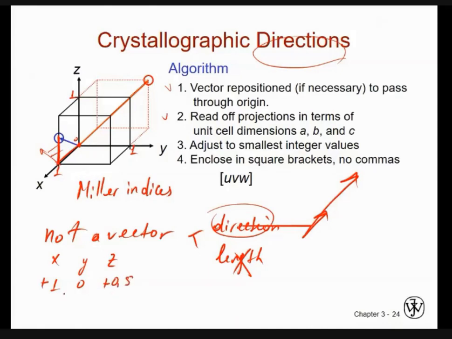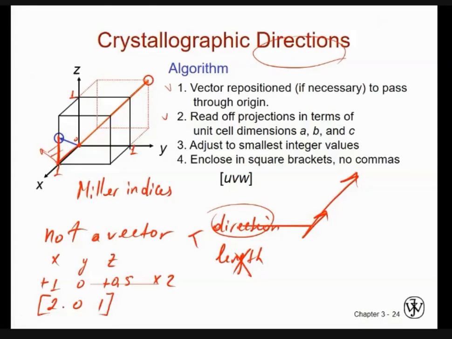The third step is we need to make it integer. We can't have this 0.5 over here, so that's why we will multiply it by 2. So it will be 2, 0, 1. The last step, put brackets around it.